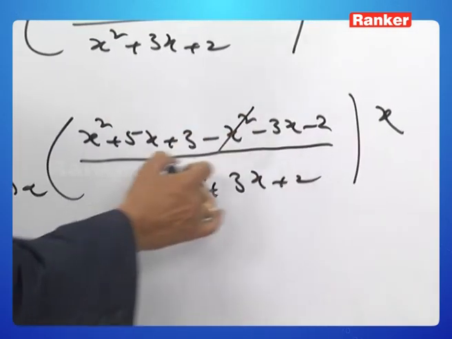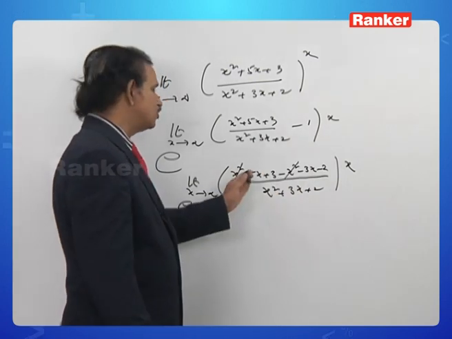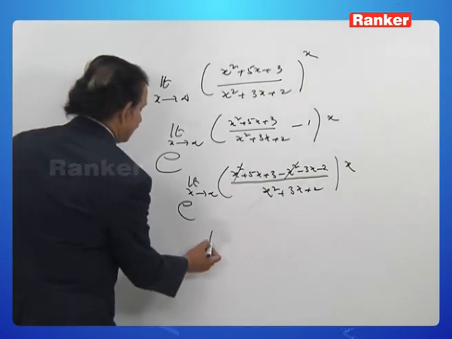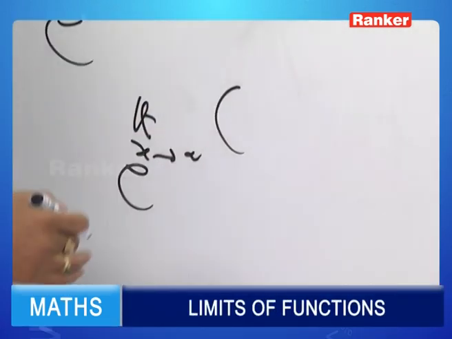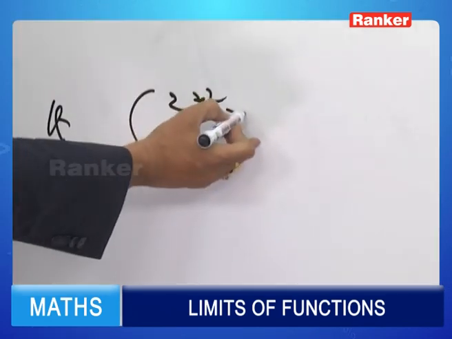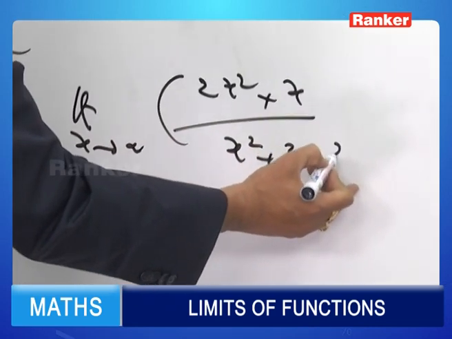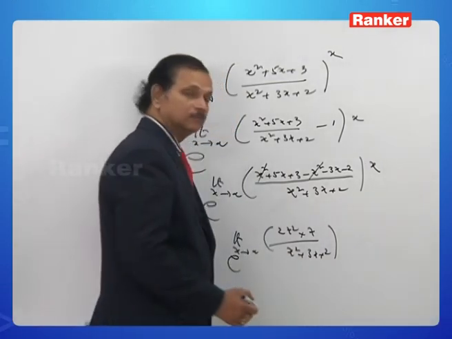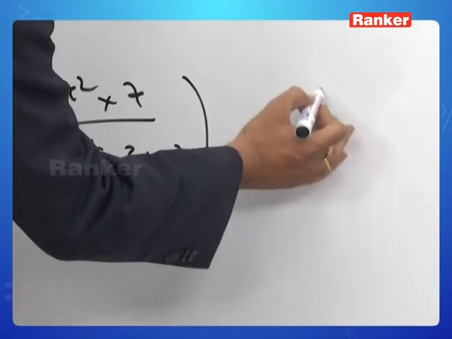You cancel x square, 5x minus 3x is 2x, 3 minus 2 is 1, so it is 2x plus 1. 2x plus 1 into x is 2x square plus x. So it is e power limit as x tends to infinity of 2x square plus x by x square plus 3x plus 2. 2x square by x square is 2. So the limit of this expression as x tends to infinity is 2. Hence the answer is e square.